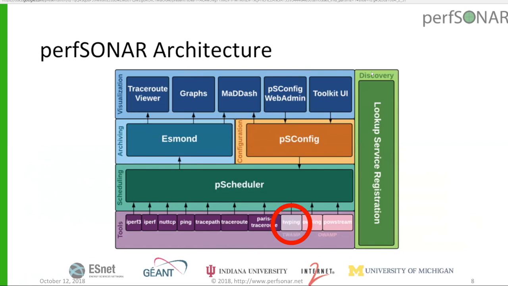And with pScheduler, you can run not only a single test, which you can do with just the tool, but you can also set up periodic measurements via the pScheduler command line interface, with PSConfig, which is the more advanced mesh configuration tool, with the web admin for PSConfig, which is the graphical user interface for that, or through the PSConfig templates, where you can specify directly what type of tool you can use. So you will see some of that in the next part of our presentation.